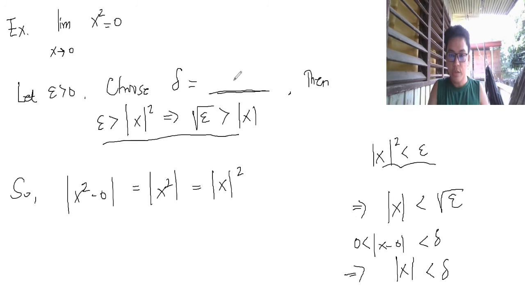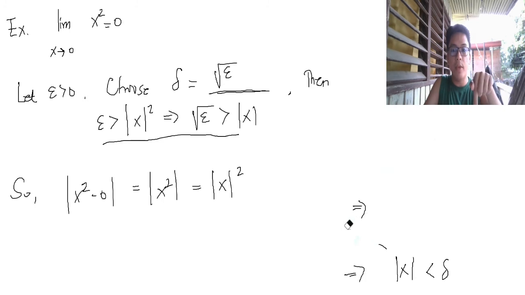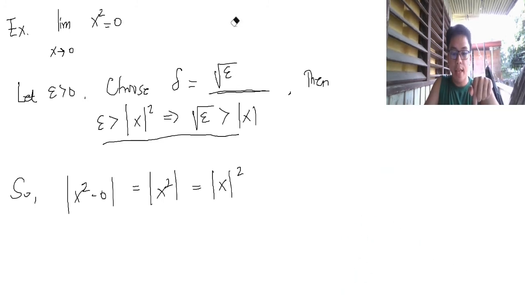Okay? So therefore, we take our delta to be square root of epsilon. Okay? So if you have any question, please comment down there so that we would know in order for us to clarify on that thing.